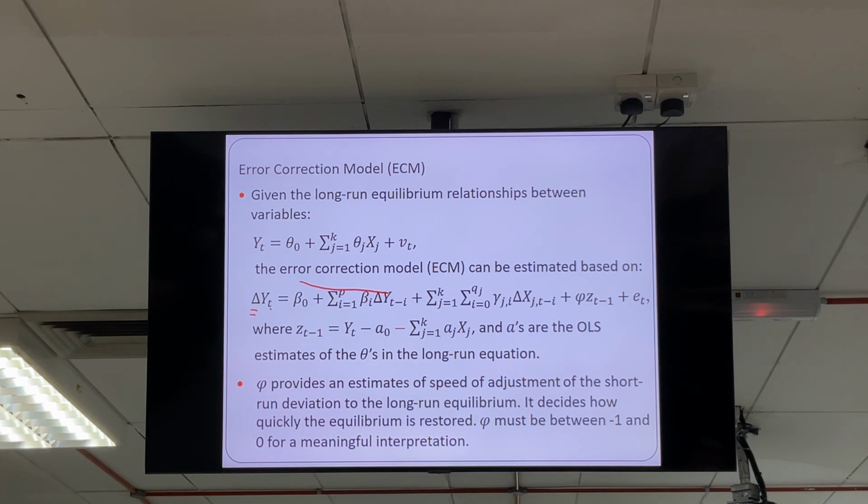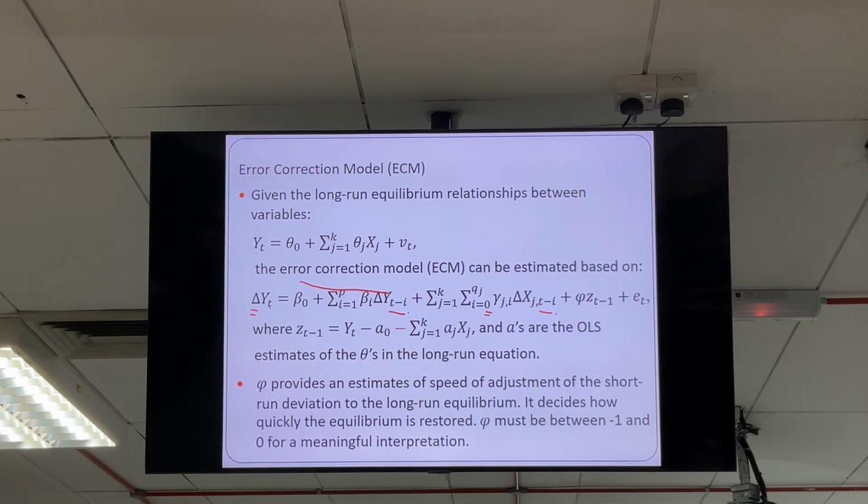First difference on yt, and then on yt minus i, and also xt minus i. So this is the lag for your x. And this x, you can start from 0, right?